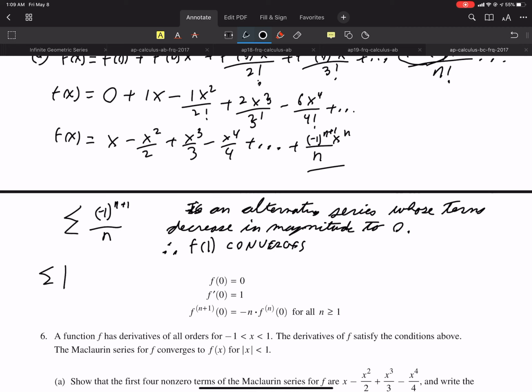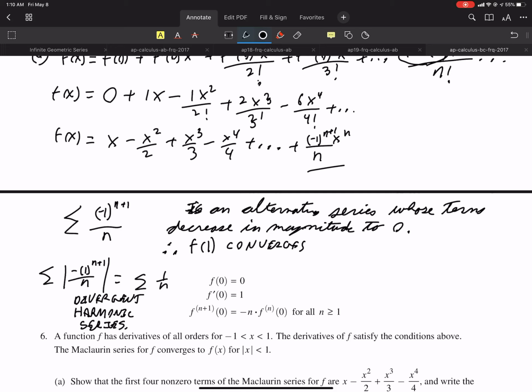Then I do the absolute value of this. And you can say it's a divergent harmonic series, or you can say it's a p series with a p of 1, therefore it diverges.